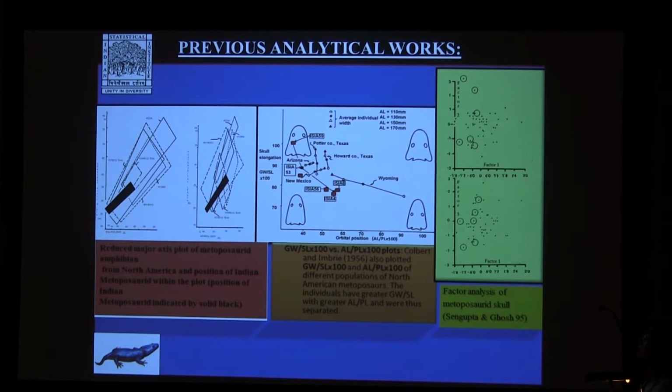Here also, the Indian forms show quite a similarity with the North American form, as was suggested previously. Later, as a previous work, Sanjukta attempted factor analysis of the Metoposaurids with the Indian forms. The circled ones are Indian forms, and here you can see the Indian forms in some parts show overlap or similarities with the North American form. However, they are quite separated also. There is a uniqueness.